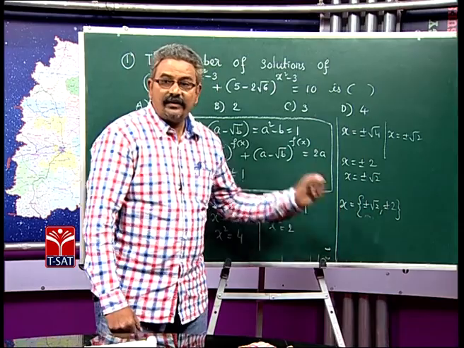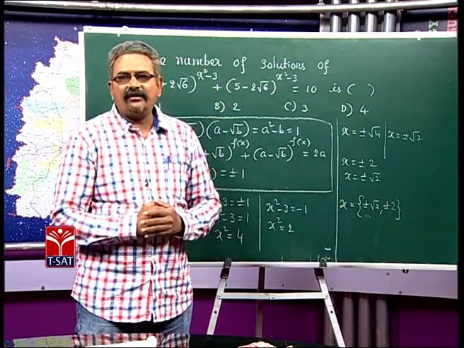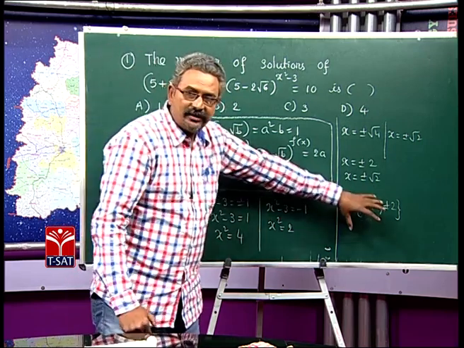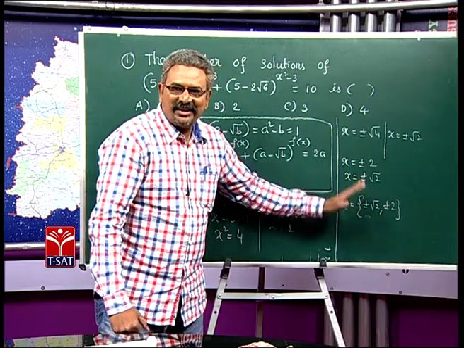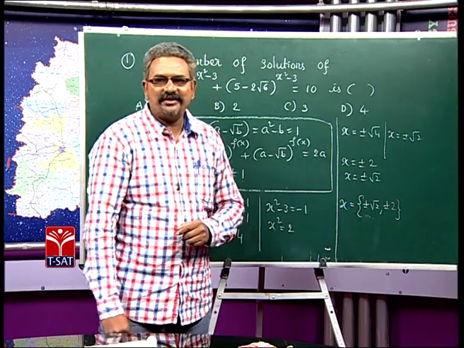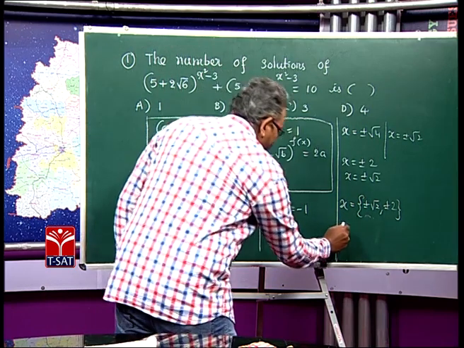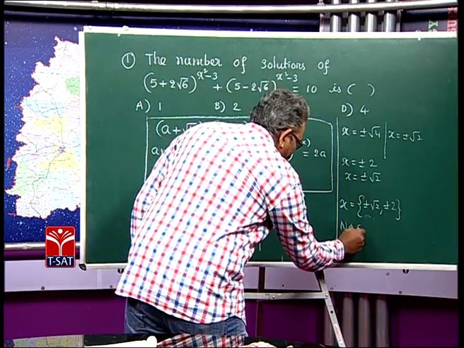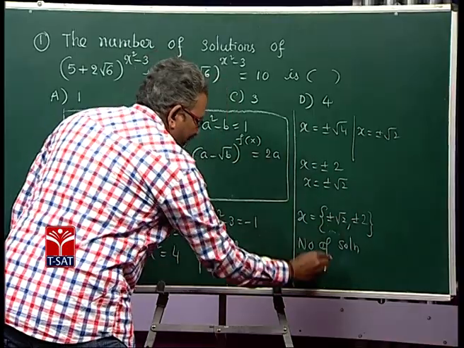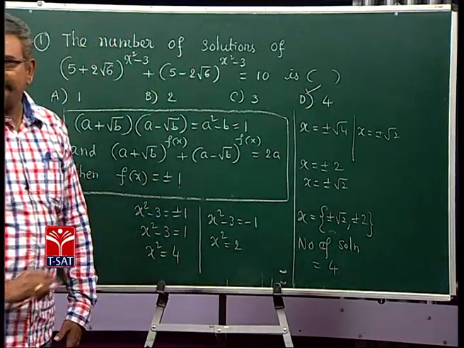The number of distinct elements present in a set is called the cardinality of the set. Regarding this solution set, what is the cardinality? 4. So the number of solutions, which is the cardinality of this set, is equal to 4. That is the right option. So D will be the right option.